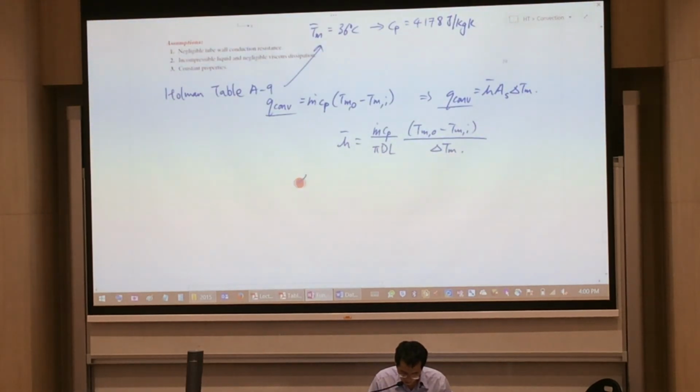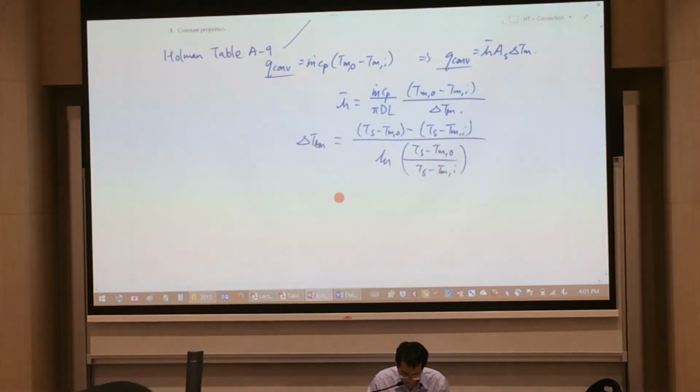So we know that my delta Tm is delta T log mean. My delta T log mean is actually (Ts minus Tm outlet) minus (Ts minus Tm inlet), divided by ln of (Ts minus Tm outlet) divided by (Ts minus Tm inlet).